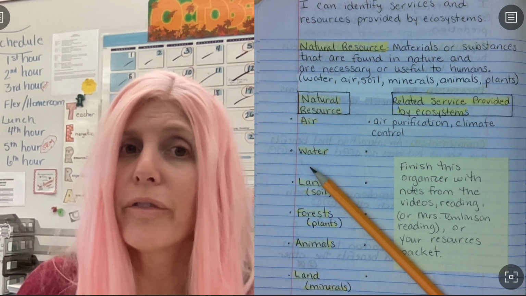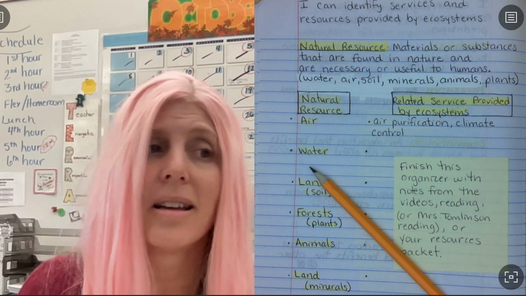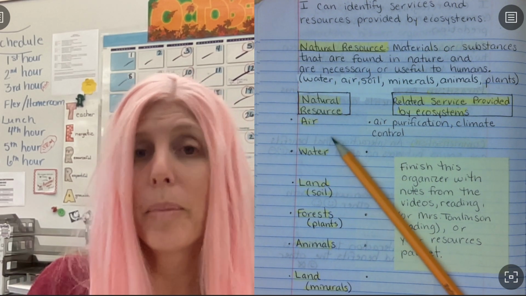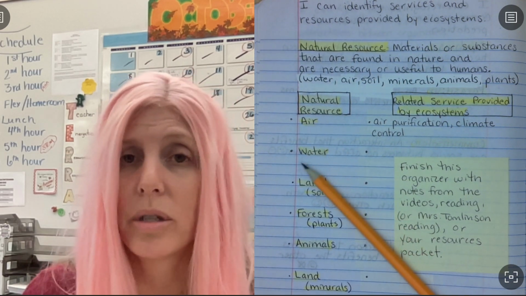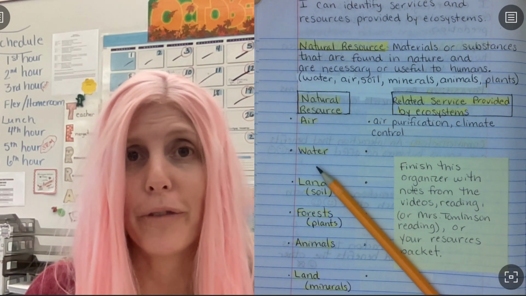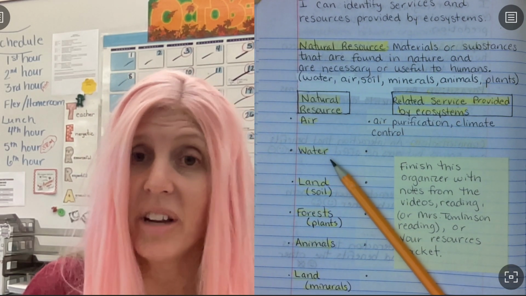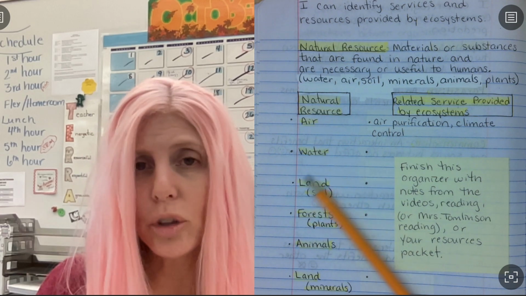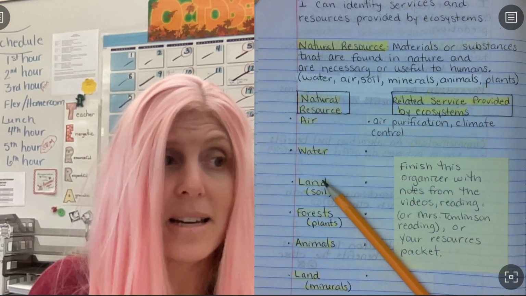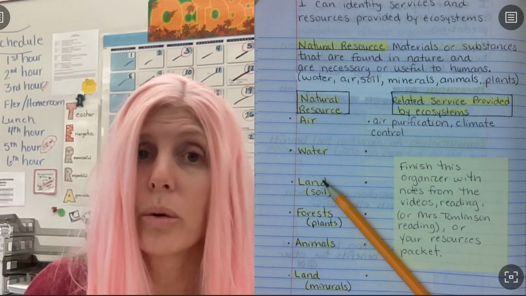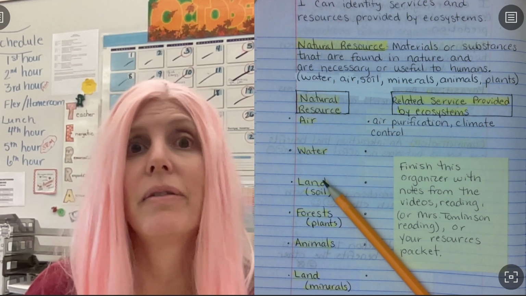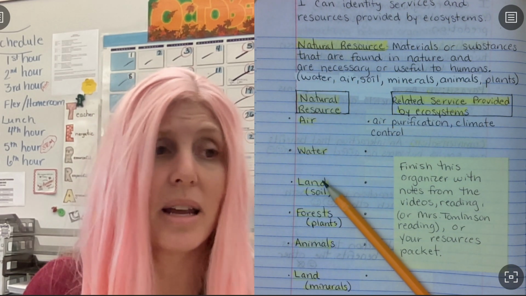Both freshwater and also oceans provide us with food sources, right? Like some of you eat seaweed for a snack, and almost all of us eat fish. Our soil, our land is super important. Fertile soil grows fertile plants, which can feed all of our livestock and animals.